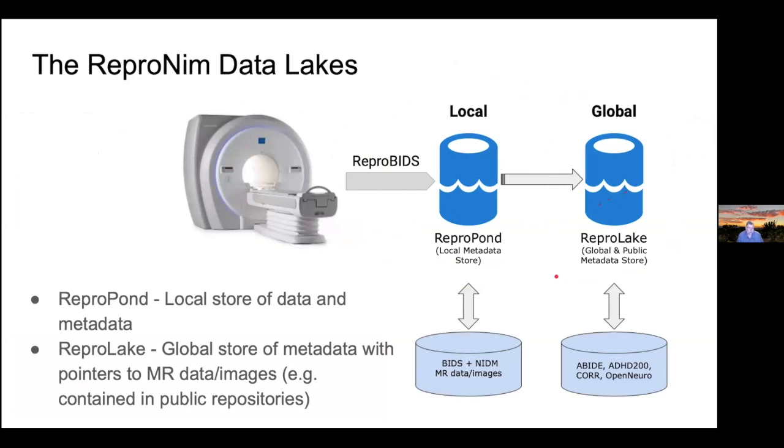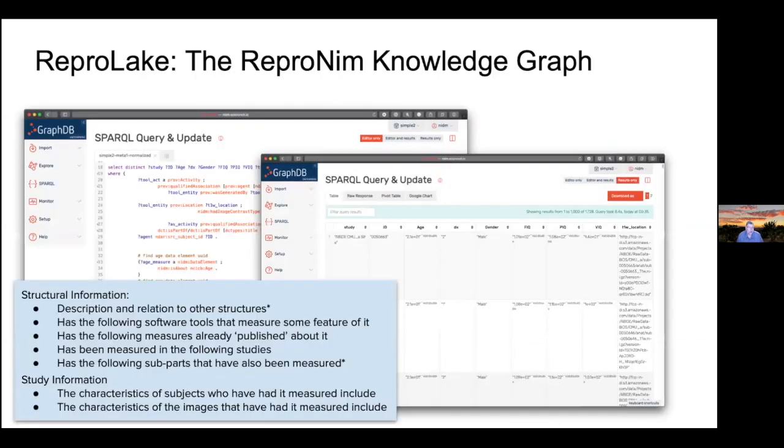Within ReproNim, we've begun populating this ReproLake using data from a number of open studies such as ABIDE, ADHD-200, CORR, and OpenNeuro. And we're using this within a tool called GraphDB.